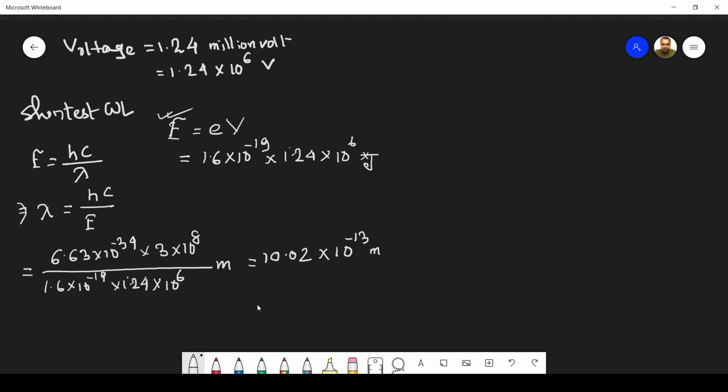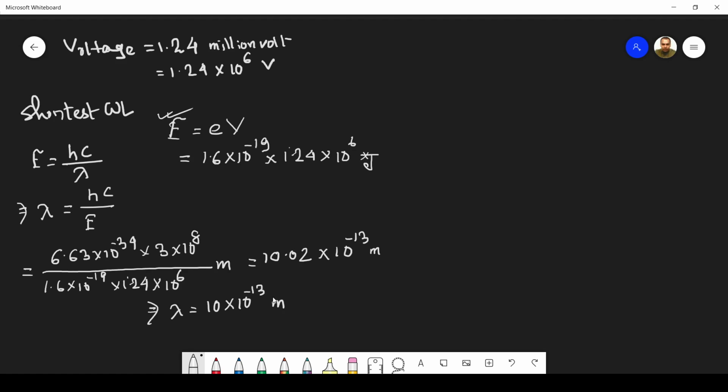Now you can further simplify this expression. So wavelength is approximately 10 multiplied by 10 to the power minus 13 meter.